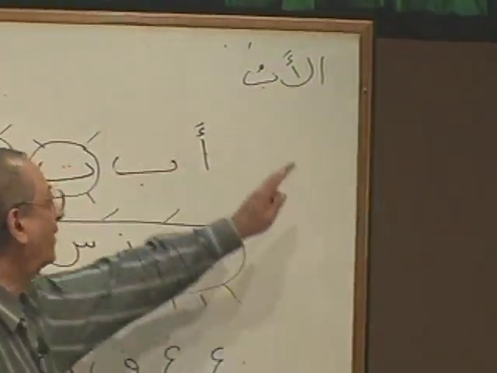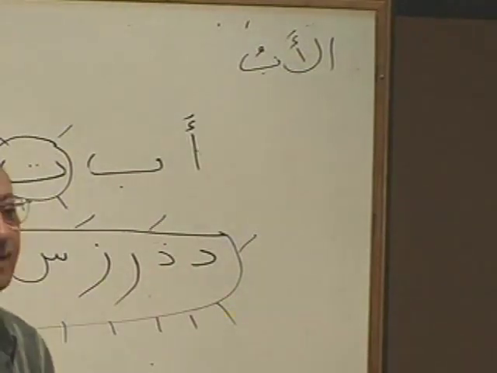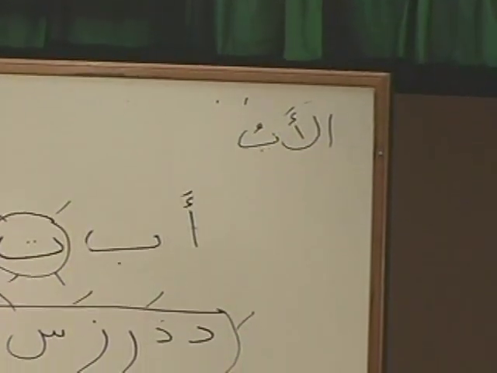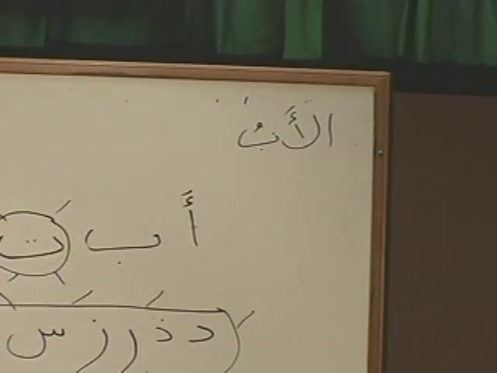No, I did not put any sign there because that is Hamzatul Wasal. So it is Al-Abu. If I put waw in front of it, Brother Abdul Qadir, it will become Wal-Abu. Are you with me? So without anything in front, I will pronounce it as Al-Abu.